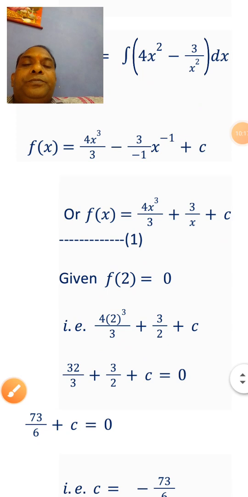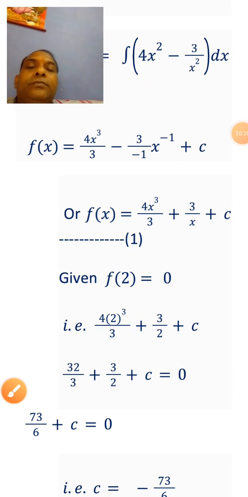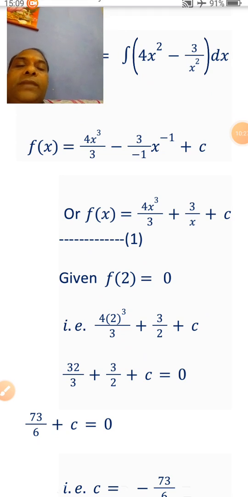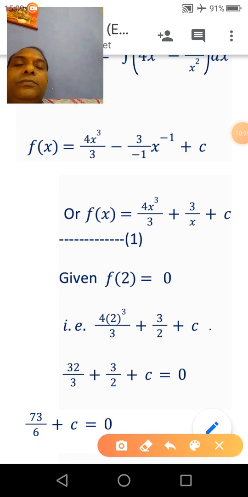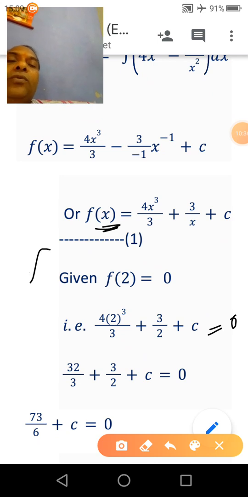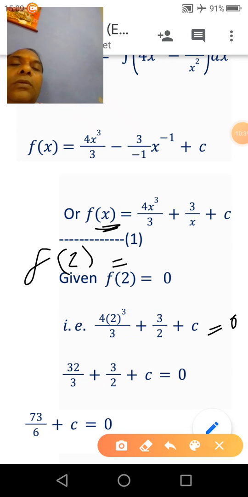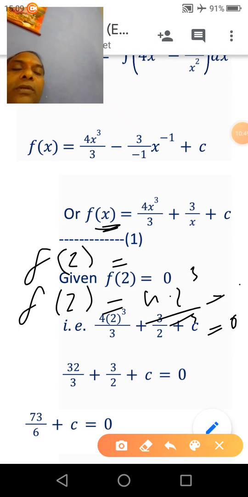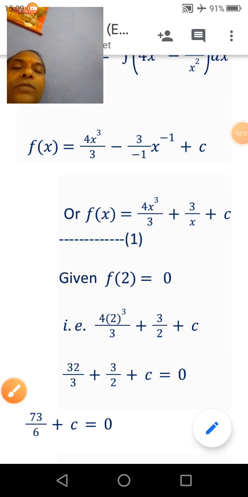Then this portion will be equal to 0. Clear? Put here x is equal to 2, then you can find f(2). f(2) will be equal to 4 into 2 cube upon 3 plus and so on, and put it equal to 0 because f(2) is equal to 0 here.